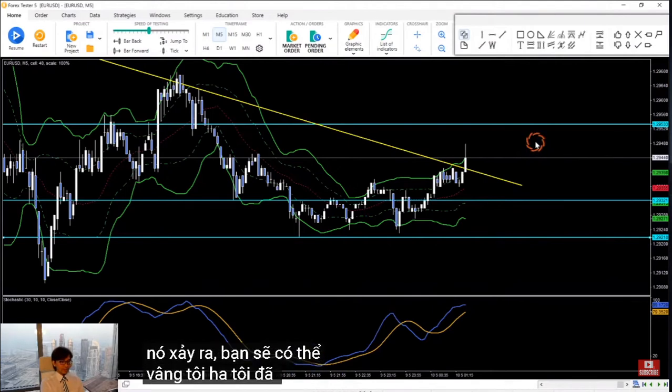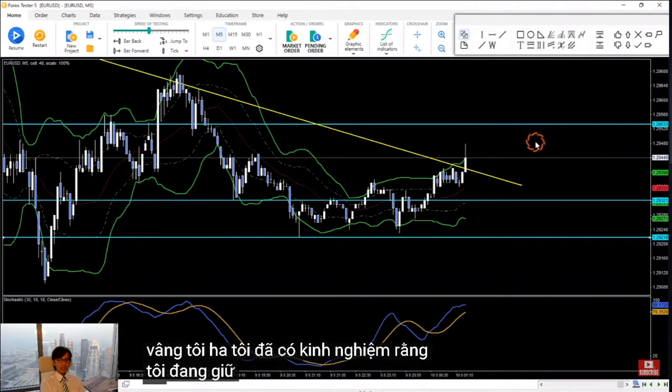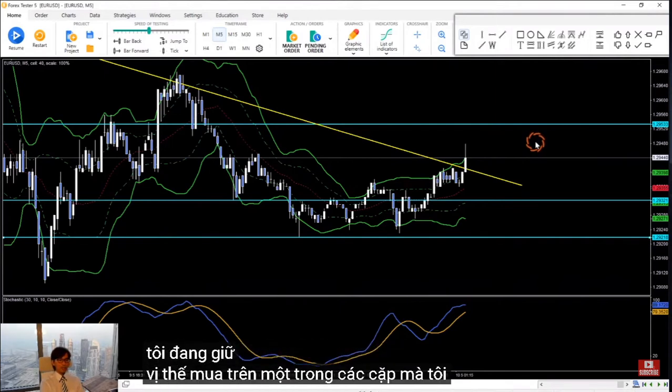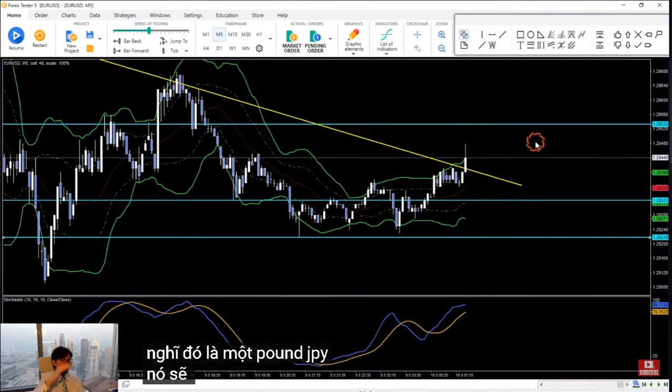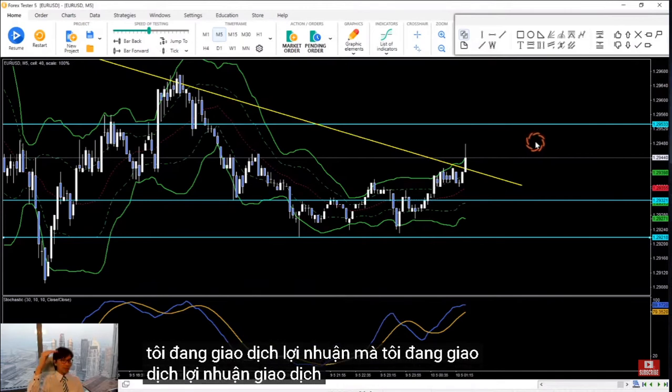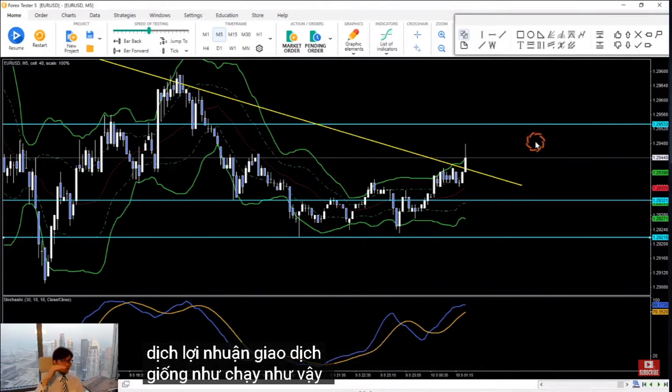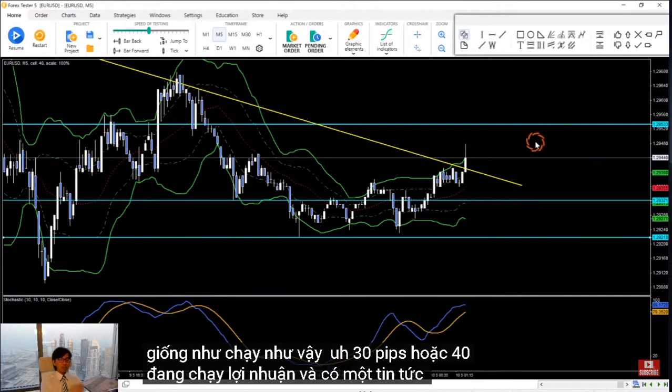I've had an experience where I was holding a buy position on one of the pairs, I think it was GBPJPY. It was going up, and I was trailing the profits, like 30 or 40 pips of running profit, and there was big news.